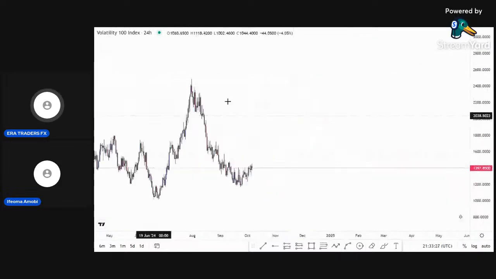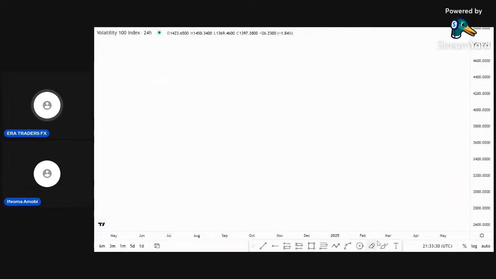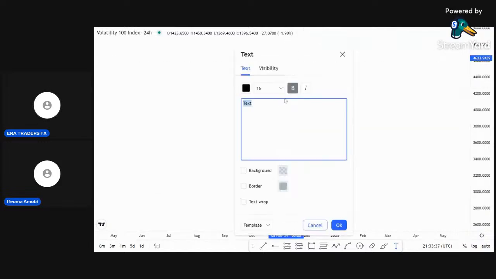Market structure, like we said, we have types of trend: uptrend, downtrend, and consolidation, right?